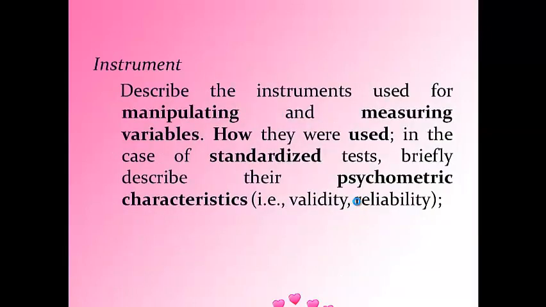Describe the instrument used for manipulating and measuring variables. How they were used in the case of standardized tests. Briefly describe their psychometric characteristics like the validity or the reliability of the instrument.